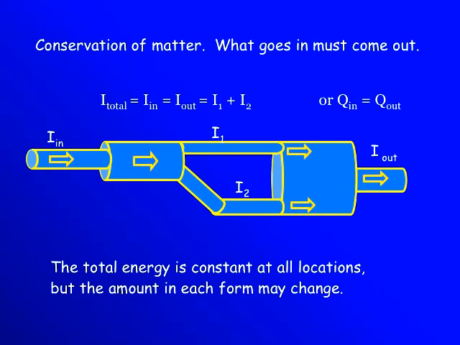And then the 2 liters would split into I1 and I2, travel at different speeds as they move through, but it'll still be 2 liters per second in our made-up current flowing through these different pipes. So the volume flows at different speeds through the different pipes, but it's still the same amount of volume per time flowing through.